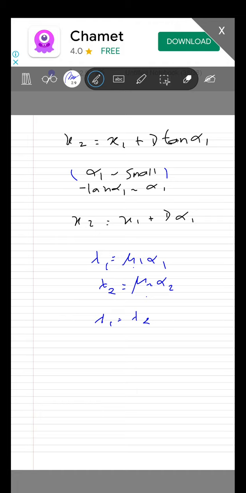So we can write x2 as equal to x1 plus d, where alpha 1 is represented by lambda 1 by mu 1. So d remains intact, and alpha 1 from this equation is equal to lambda 1 by mu 1.